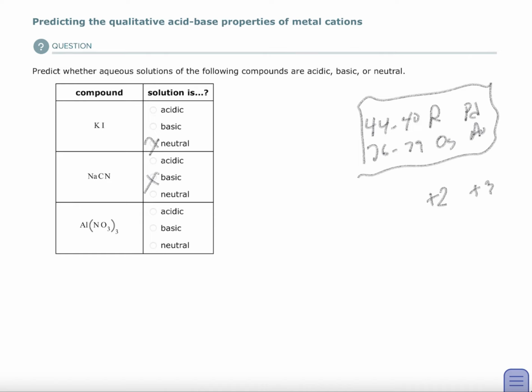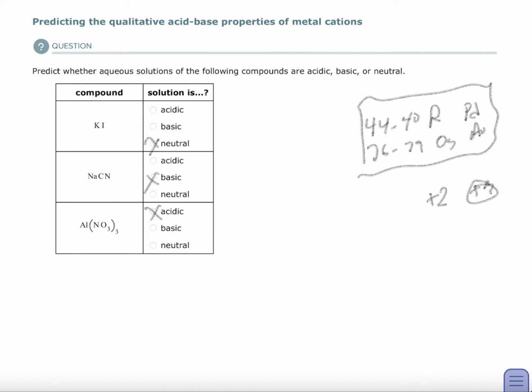The last one is aluminum nitrate, and nitric acid is a strong acid, so it itself does nothing. So the nitrate does nothing at all, but the aluminum is Al3+. It's one of these 3+ guys, and because it's 3+, it is going to act acidic, and so it's going to form an acidic one.